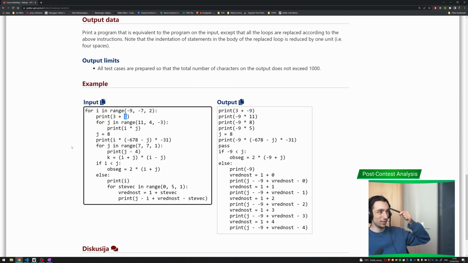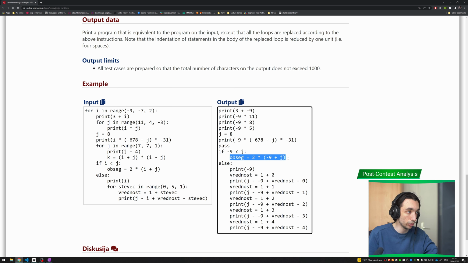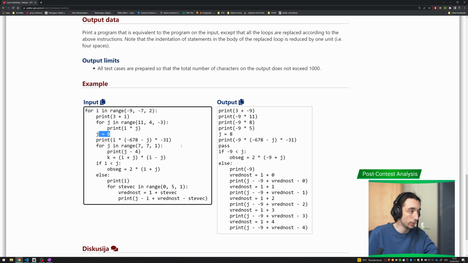Another idea is that the if statements are printed out, and some statements like this are also printed out.